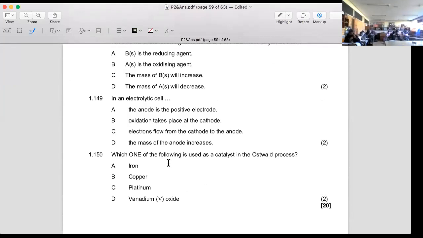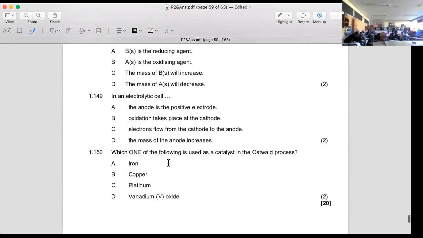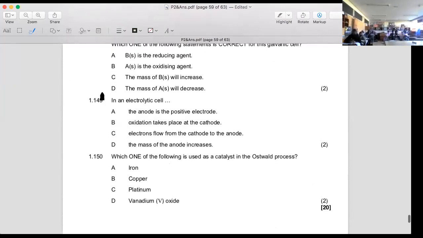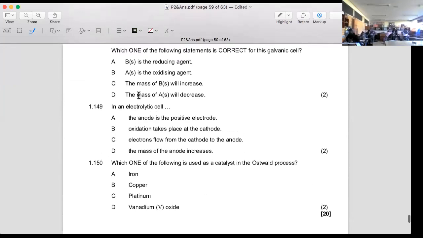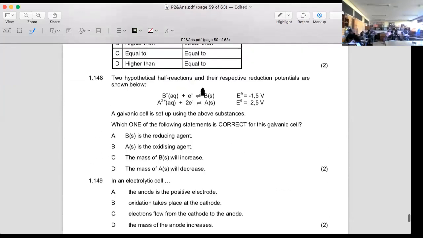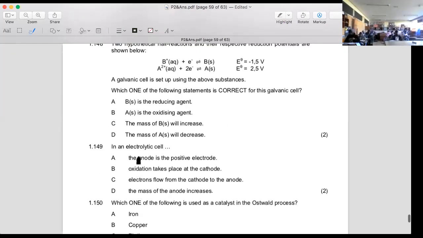Okay, guys. Now, what I want you to do is start working from the back here, the bottom, and work out the answers to electrolytic cells and cells in general. So do 149, 148, because this is what we did last time.